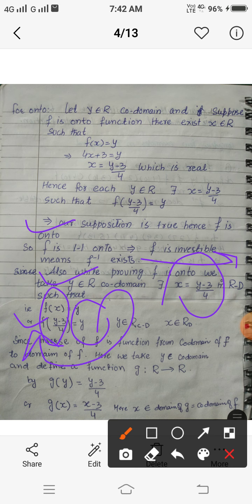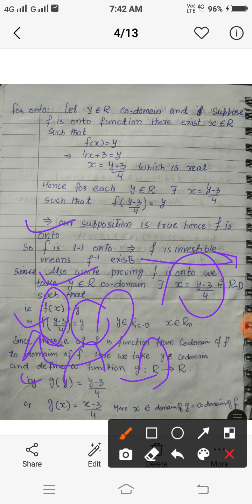So if we consider a function g(y) = (y - 3)/4 from R to R, here the first R is the codomain of f, which is the domain of the inverse function.